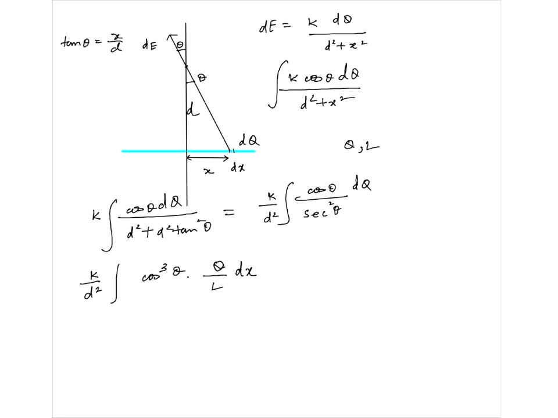I hope this step is clear. That should be dq. Linear charge density multiplied by the distance, dx. Okay?